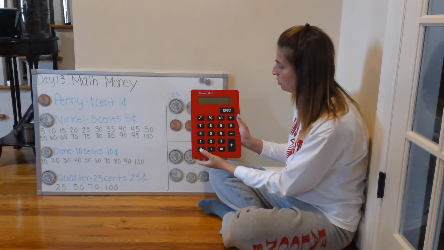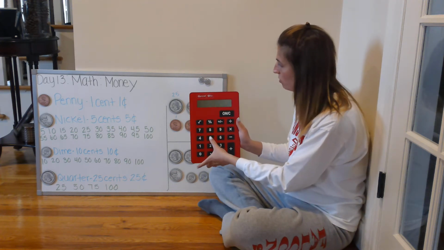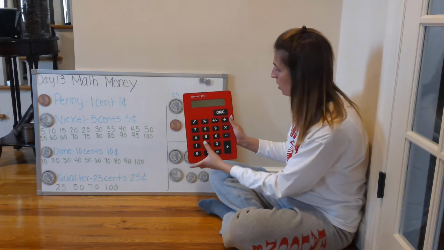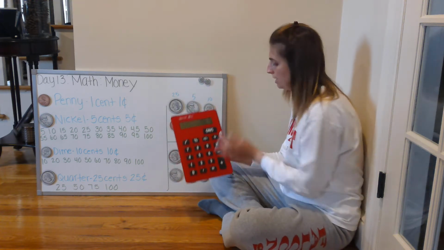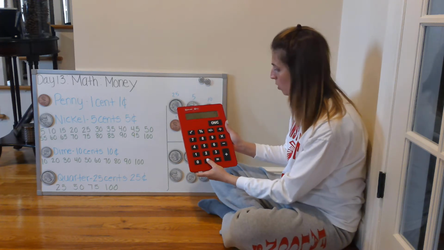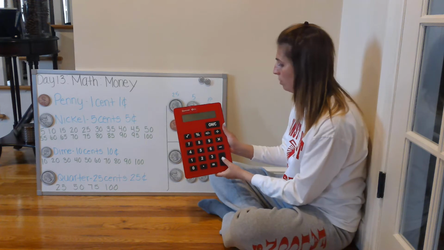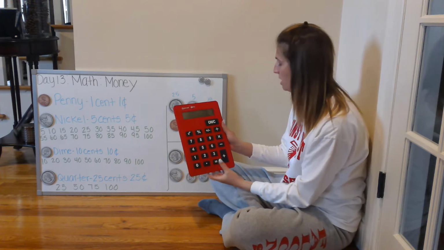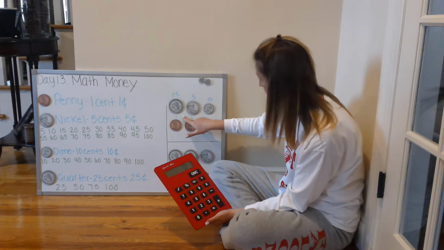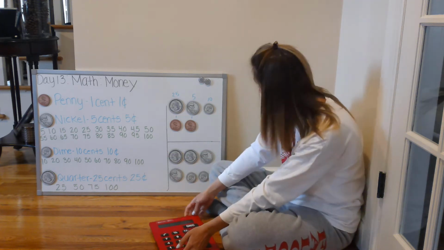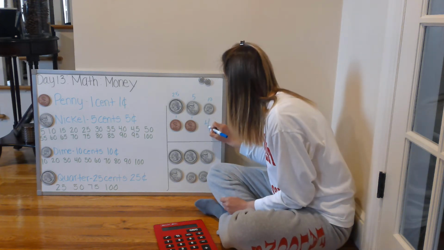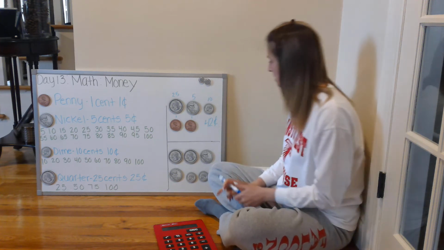But remember, it represents cents, so we're going to put 0.25 plus 0.05 plus 0.10 plus 0.01 plus 0.01 equals, so 25 plus 5 plus 10 plus 1 plus 1 equals 42 cents. So I'm going to write 42 cents here.